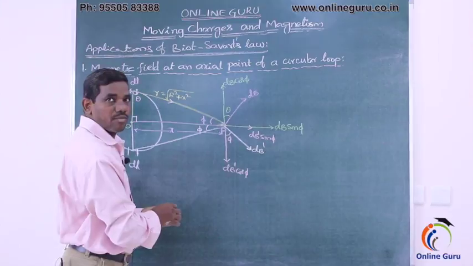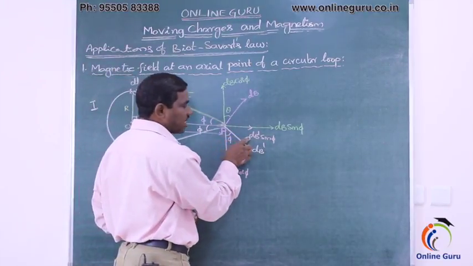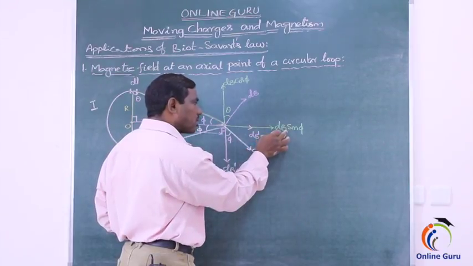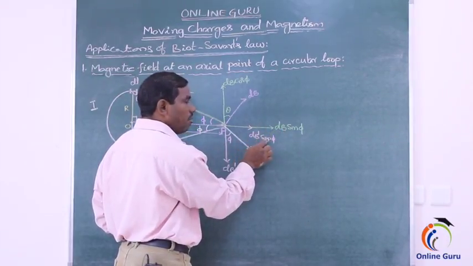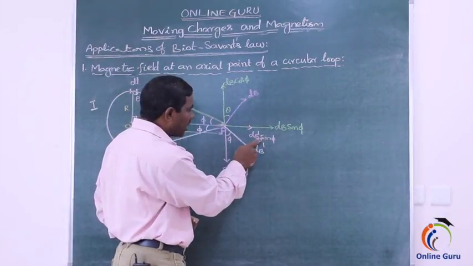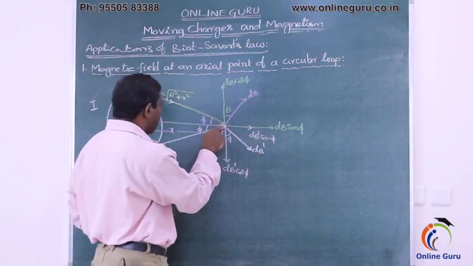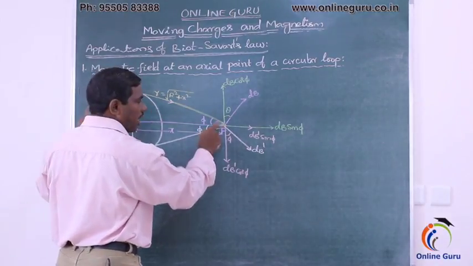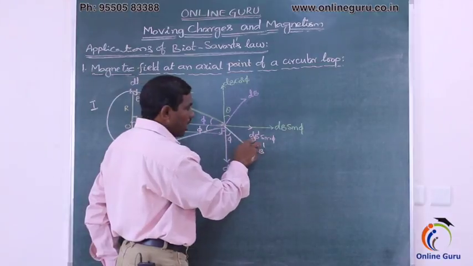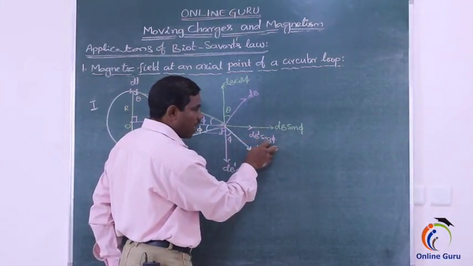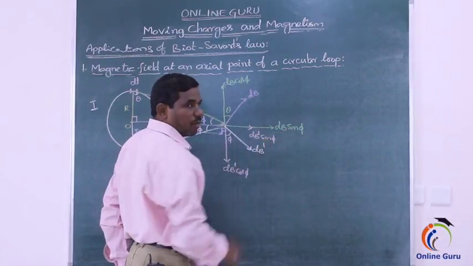Finally, we get the resultant magnetic induction due to either dB sin phi or dB dash sin phi. The resultant magnetic induction at the point P due to a circular loop carrying current I is given by the vertical component dB dash sin phi or dB sin phi.